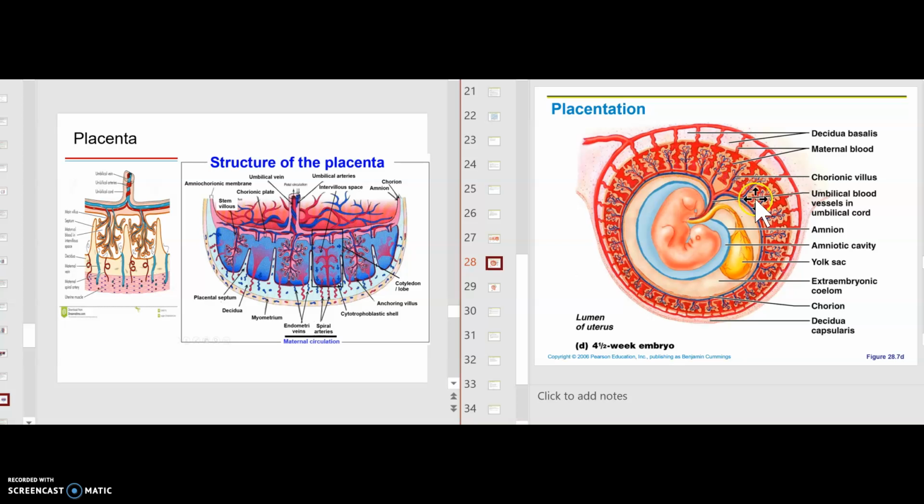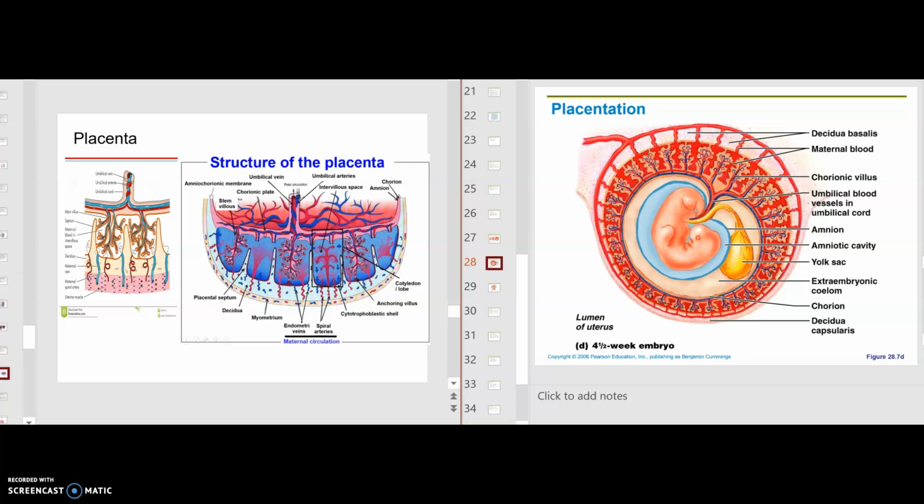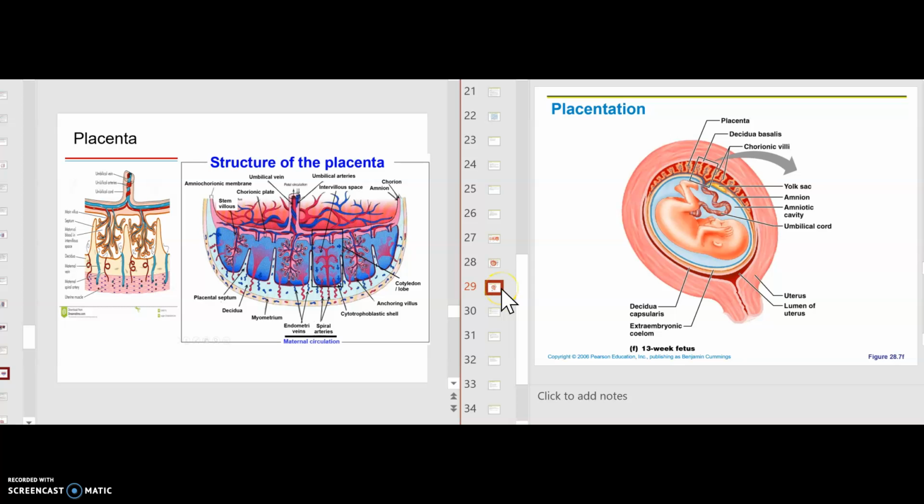All of this contributes to that particular aspect. Let me see if I see anything that I want to pick up, and I don't think so. Okay, so I'm going to come back here now. We'll go a little further. There again is the placenta, right there.